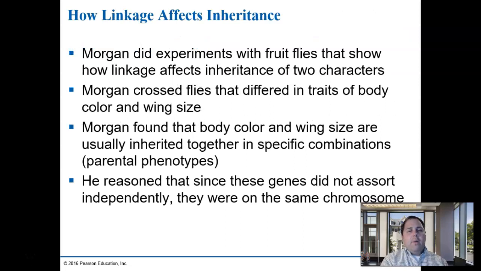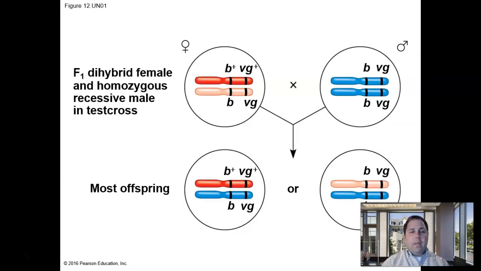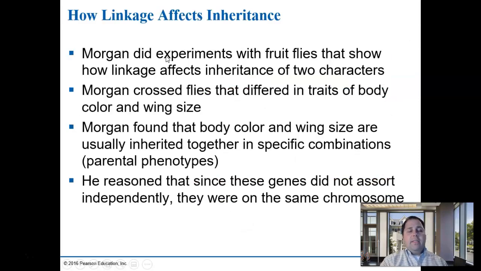So Morgan was doing these experiments with fruit flies, and if you look at two traits like body color and wing size, he saw that they were usually inherited together in specific combinations. So you would either see black body and small wings, or you'd see gray body and big wings. He reasoned that since these genes did not assort independently, they were on the same chromosome.